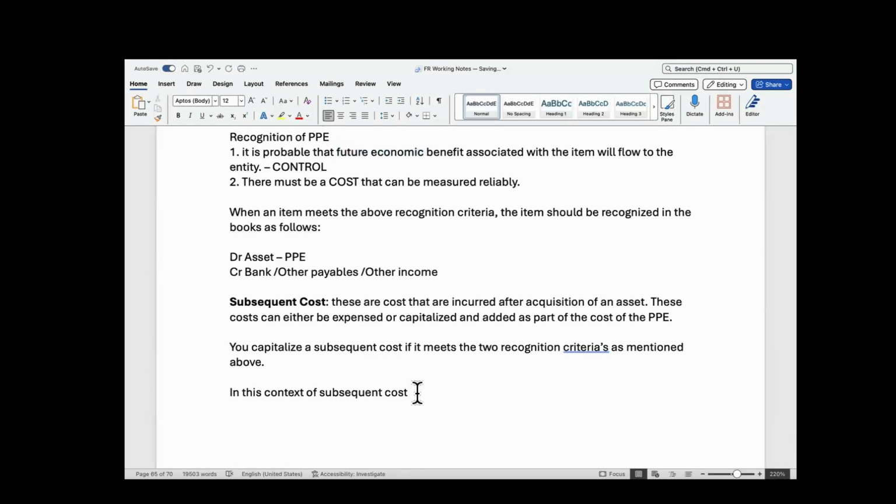What does that mean? In this context of subsequent costs, these recognition criteria would mean the following.